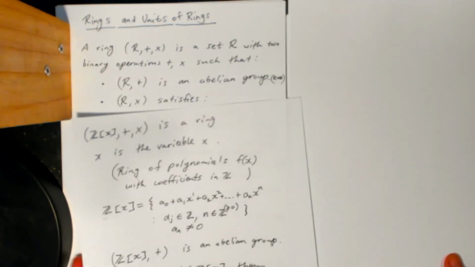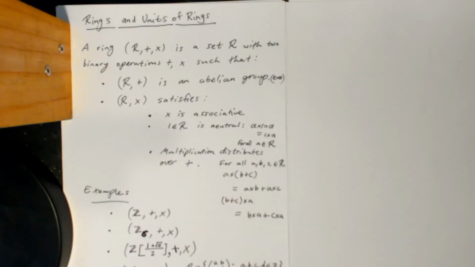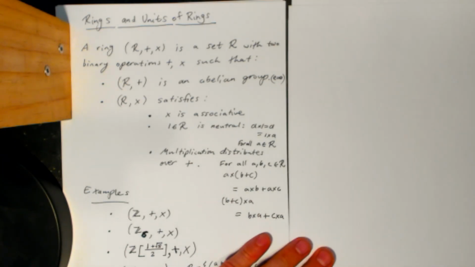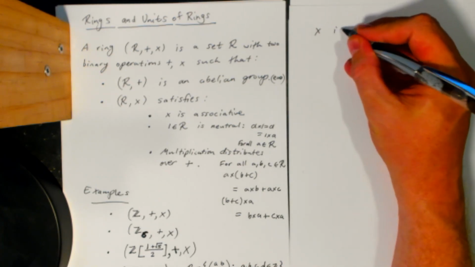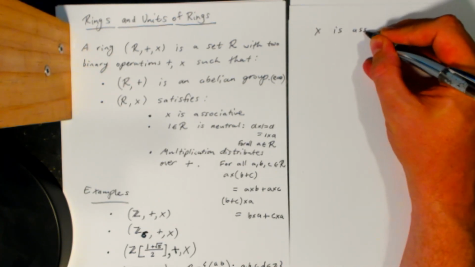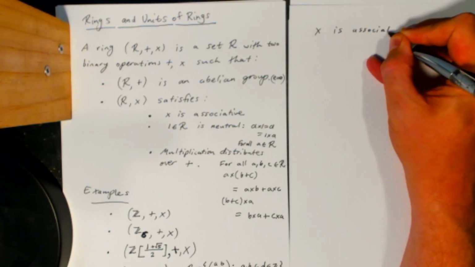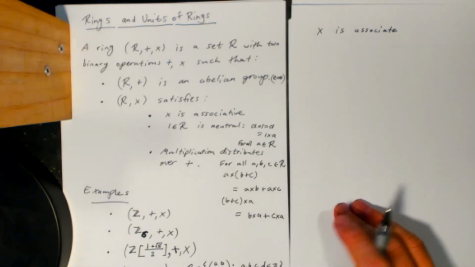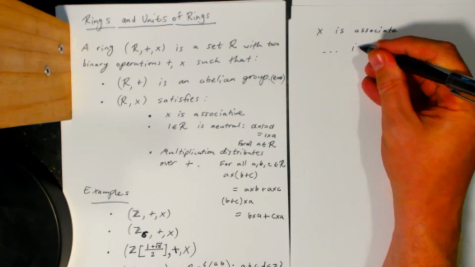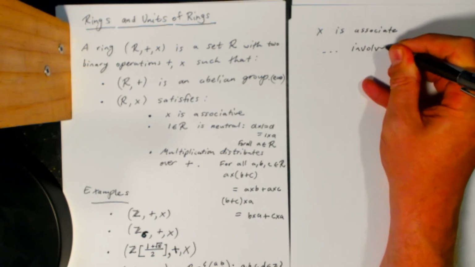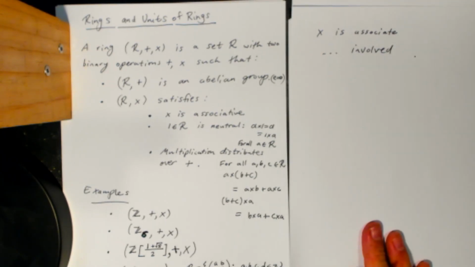Okay, so now that we have that, let's consider multiplication. So we know multiplication is going to be associative. Well, that's a bit involved to do, so I'll just tell you it is.